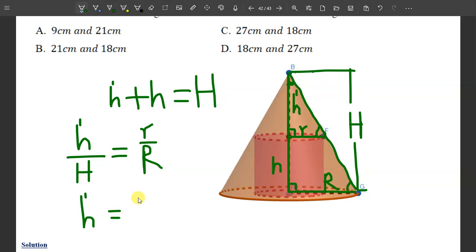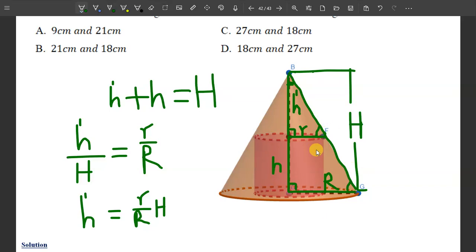the ratio of the radius of the cylinder and the radius of the cone, let us write it as such, and simply multiply by this capital H. Once we get this h and the radius of the cylinder, we can find the volume of the cylinder.